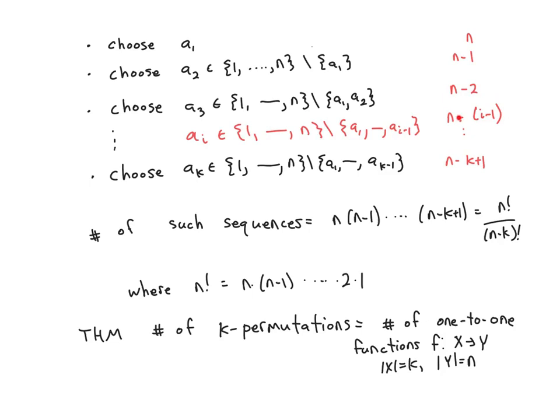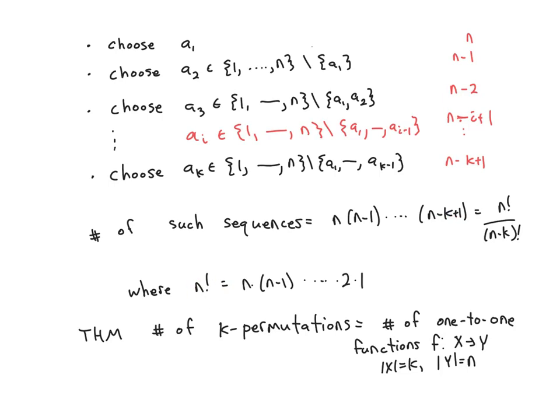When you distribute the negative sign, this is the same thing as n minus i plus 1. So if I plug in k for i, I get n minus k plus 1. And so the number of k permutations of n is this product: n times n minus 1 times n minus 2, all the way till n minus k plus 1.